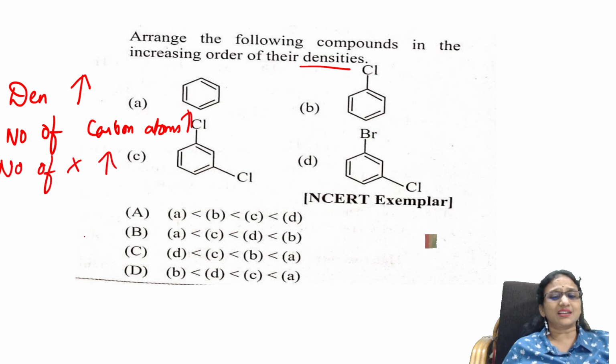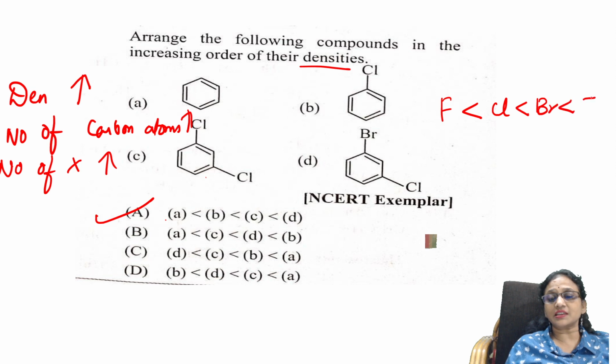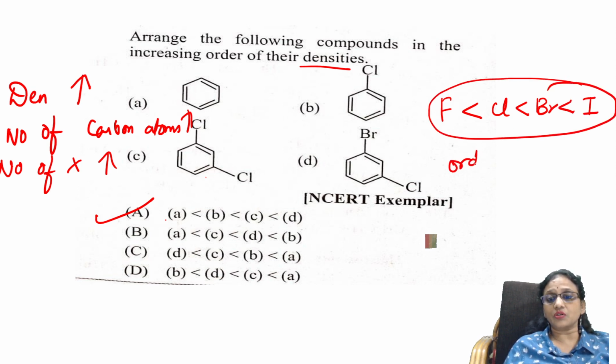So the mass of X atoms increases. Now see, students, according to this, the correct option is A. Why? This is only benzene. Here you have chlorine. Here you have two chlorines. You have bromine, chlorine. So what is the order? Fluorine less, chlorine less, bromine less than iodine. According to this is the order of atomic masses. Correct, students?